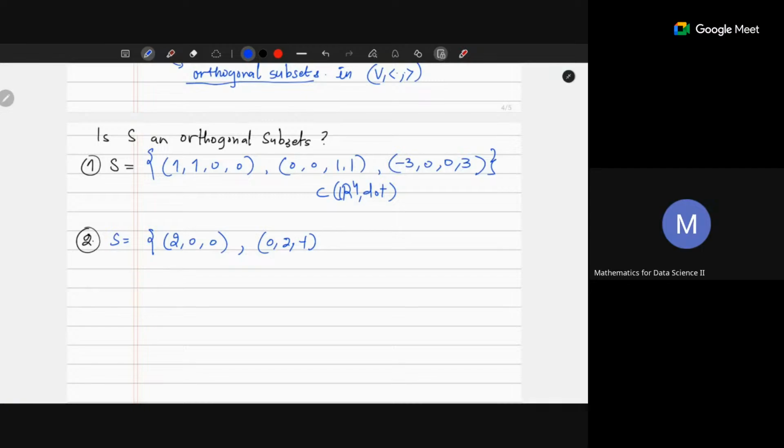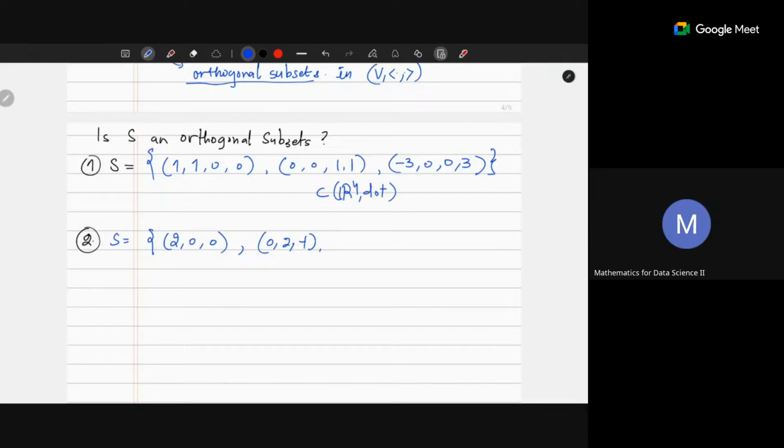Is my question clear to all of you? I have written a subset of R4. The question is whether this subset forms an orthogonal subset in the given inner product space.